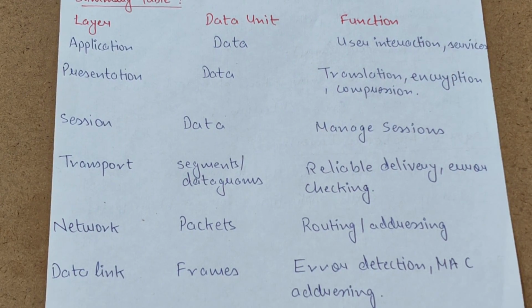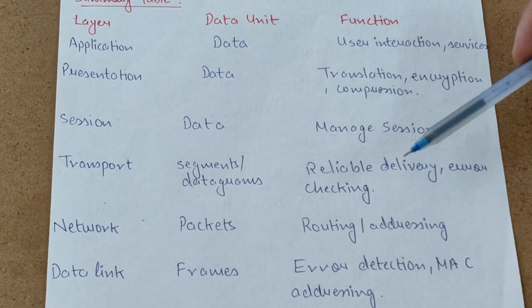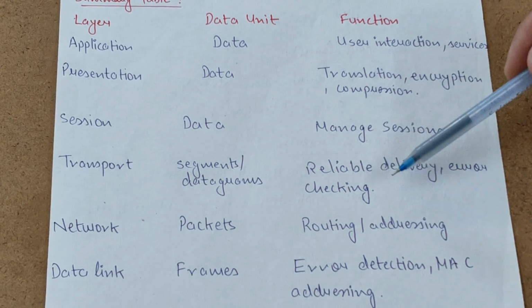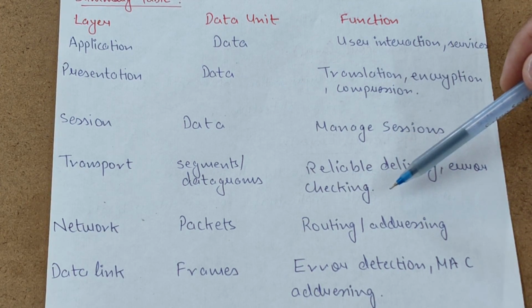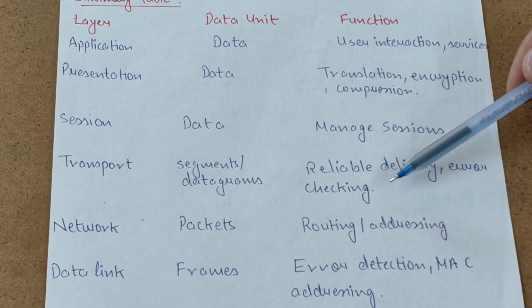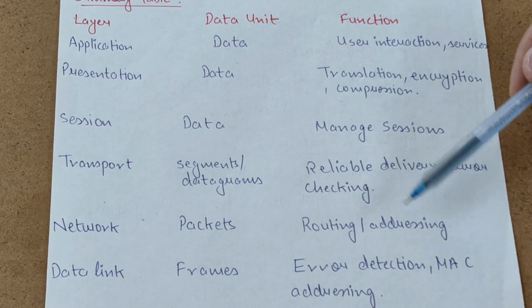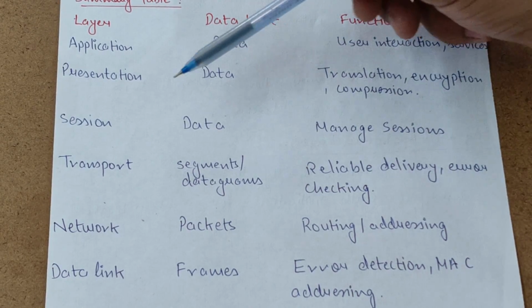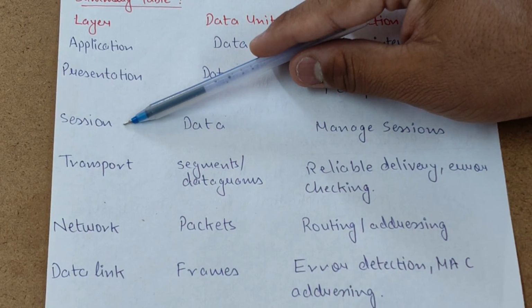It checks if the data sent is in its original form or has been corrupted. If the data is corrupted, it retransmits the original data to the receiver.